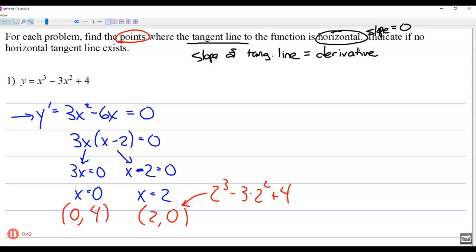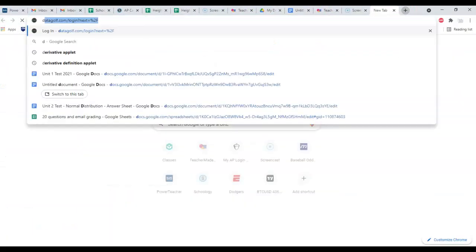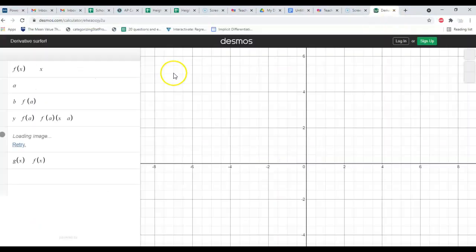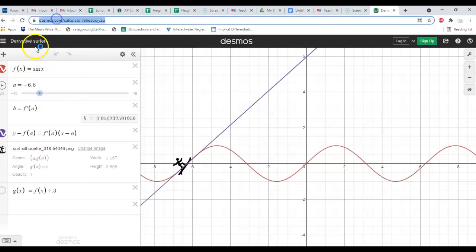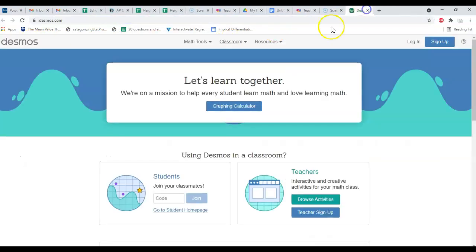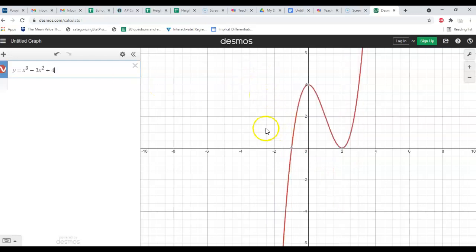So if I went to Desmos and typed in that graph just to make sure we know what we're finding here. What was it? x to the third minus 3x squared plus 4.